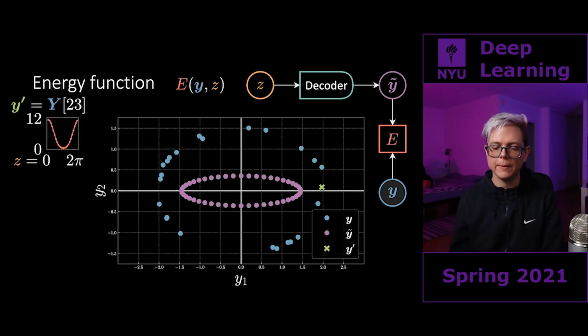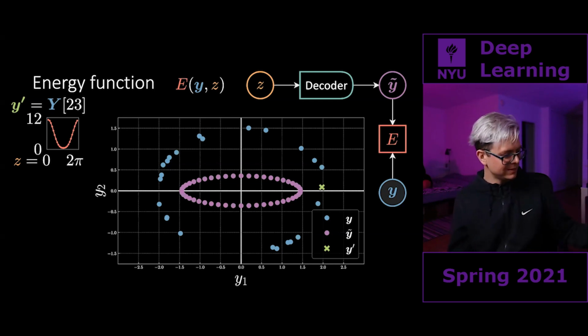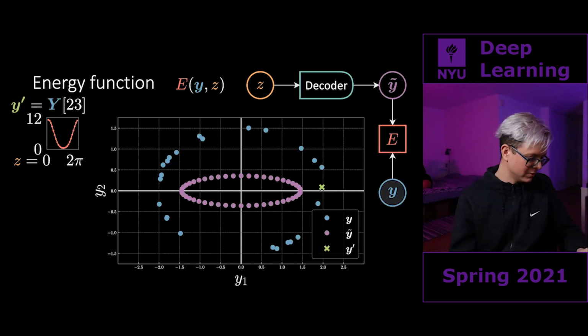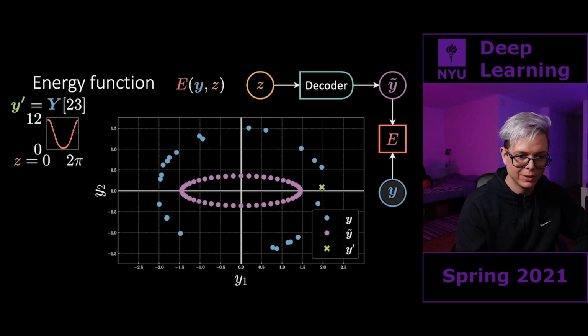My y prime, which is my peak, is going to be the x cross on the right-hand side here on the screen. We're going to be doing some computations right now. Let's see whether I can do this or I'm going to be failing miserably. I hope I manage. We have a new toy, let's see if I can use it.